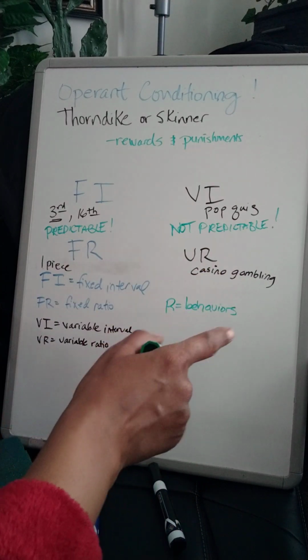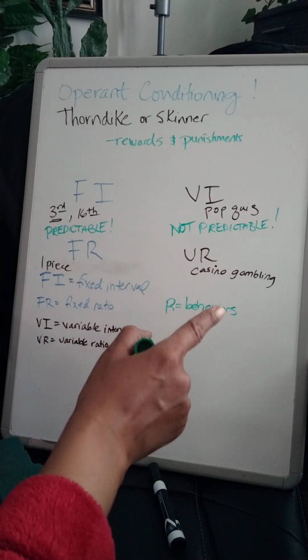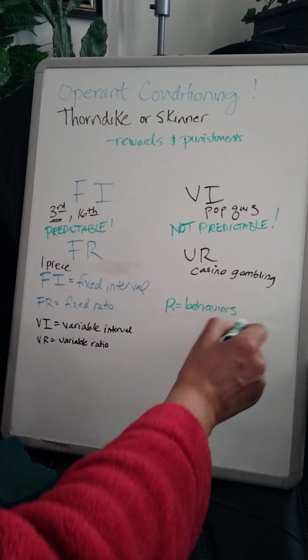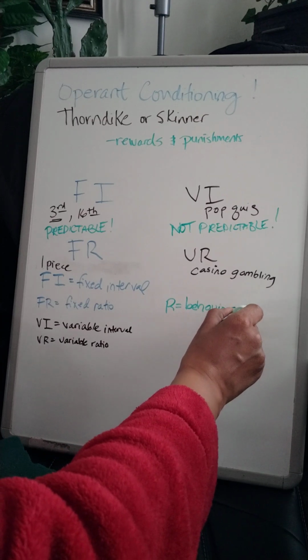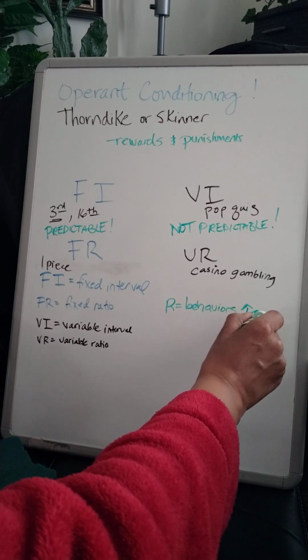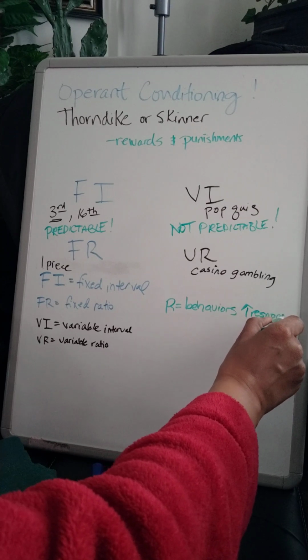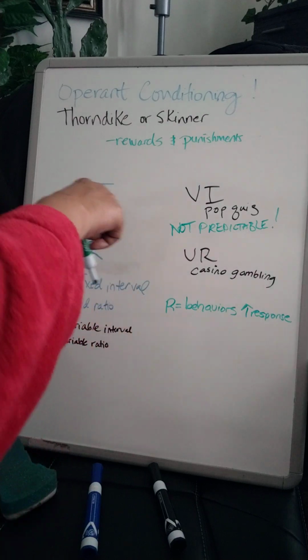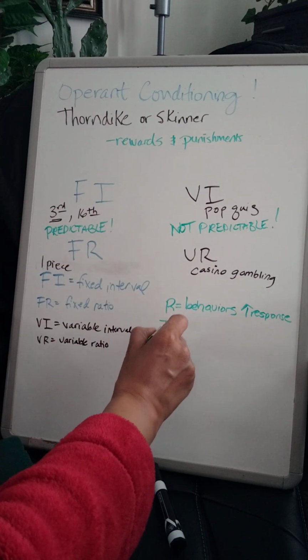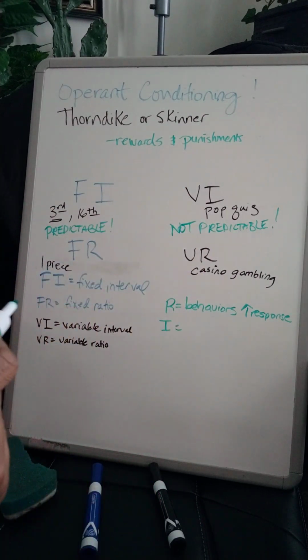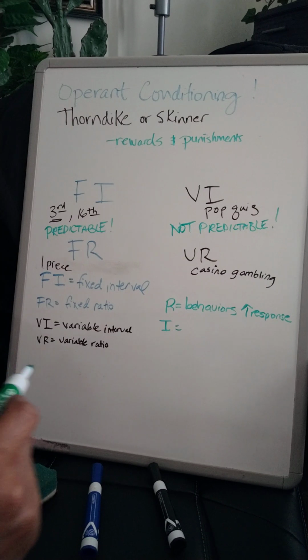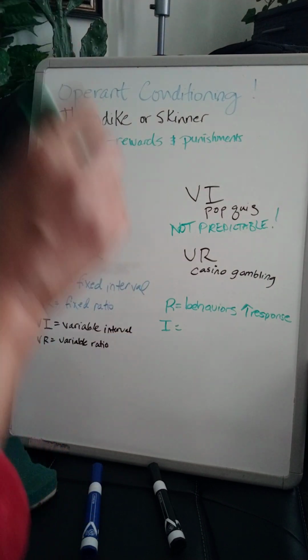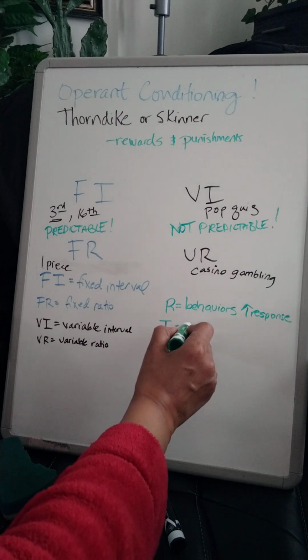And remember, this is going to give the high response rate. So I'll put up response. Okay, now when we think of intervals, we're going to think of time. Okay, so we're going to have a low response rate.